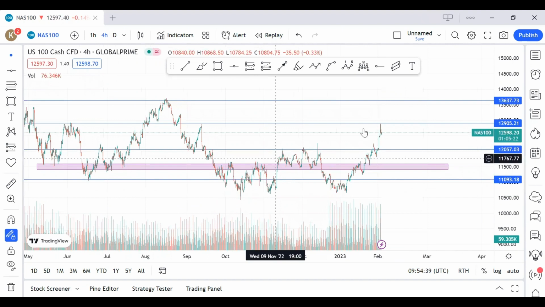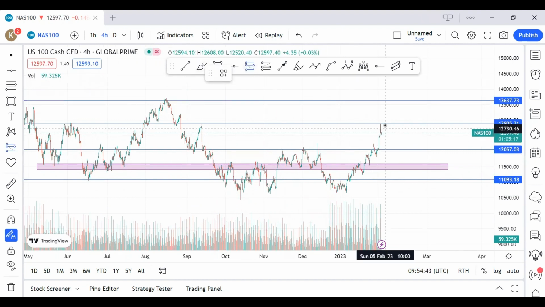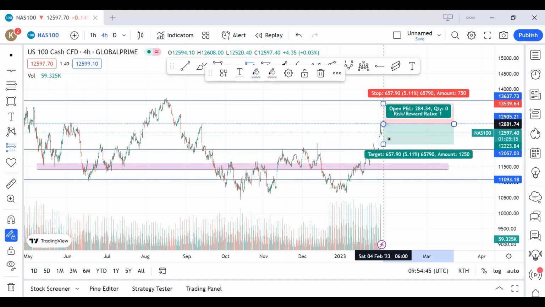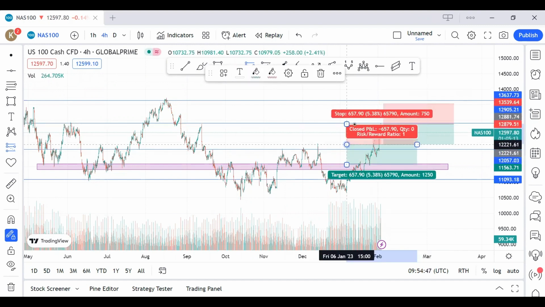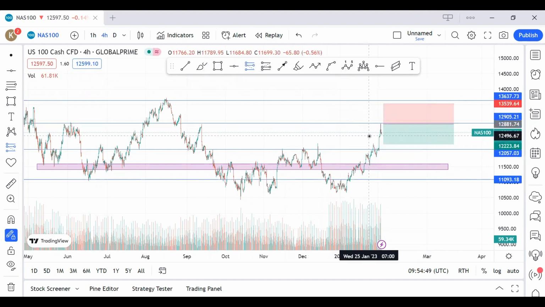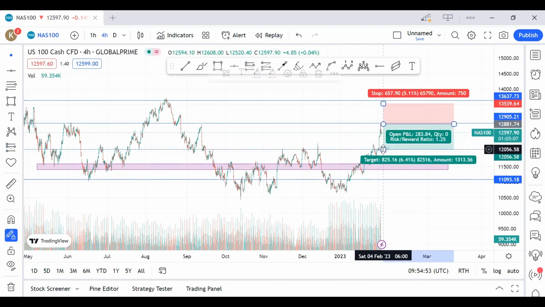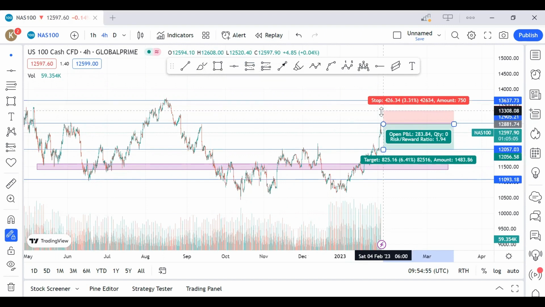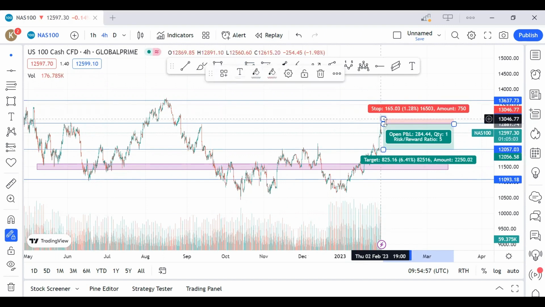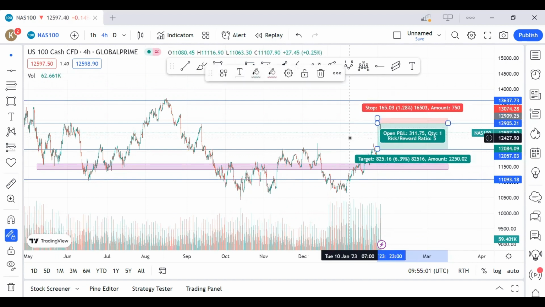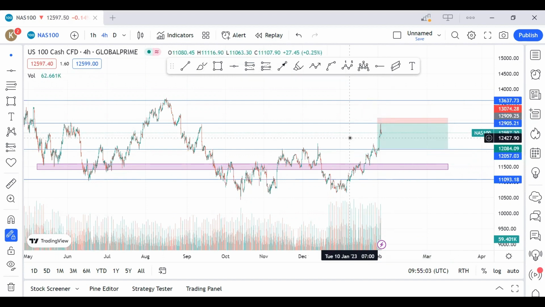Okay, so I'd say that since we have the market moving already, the market is going to move at this level here until this level here.